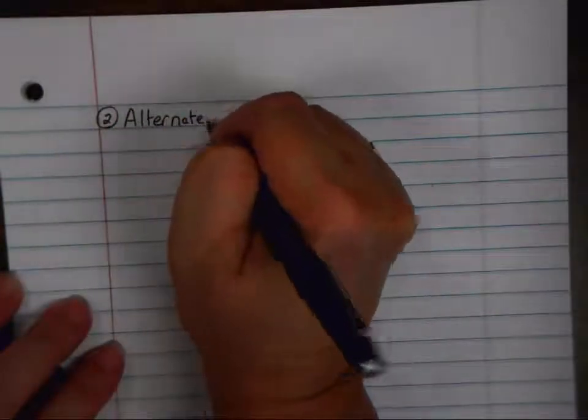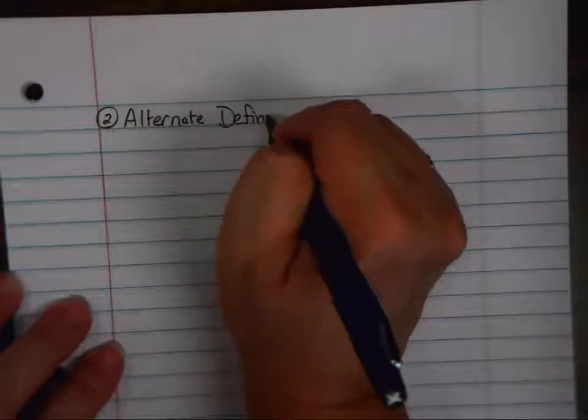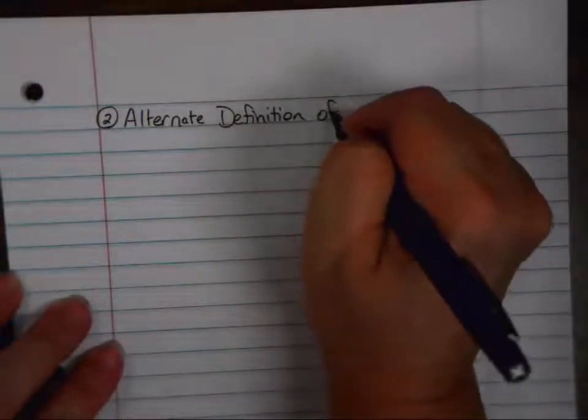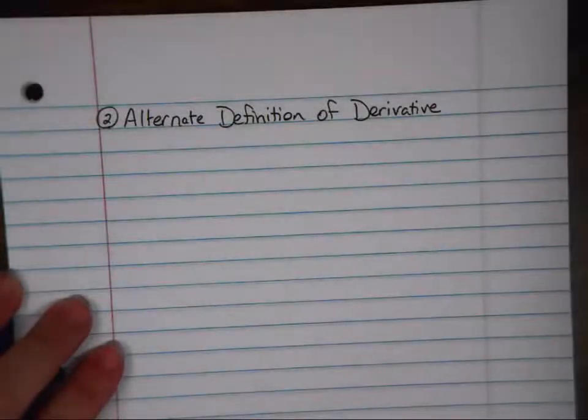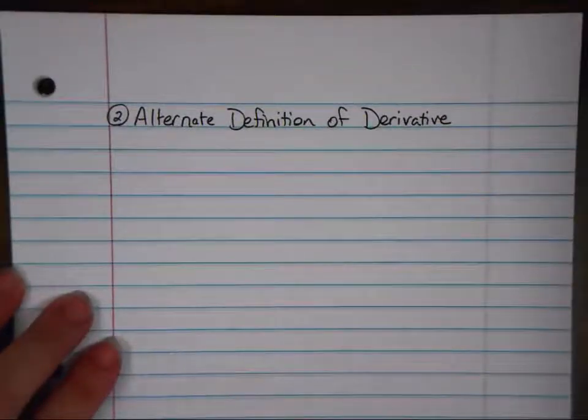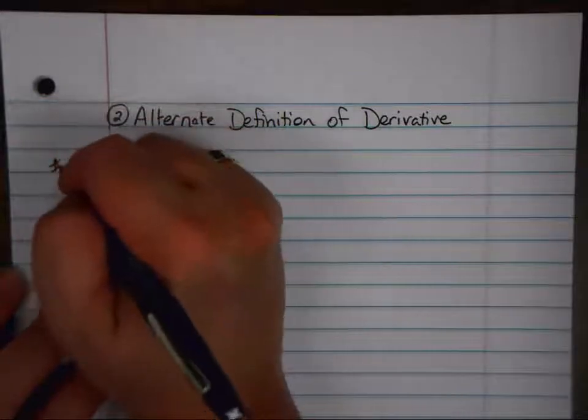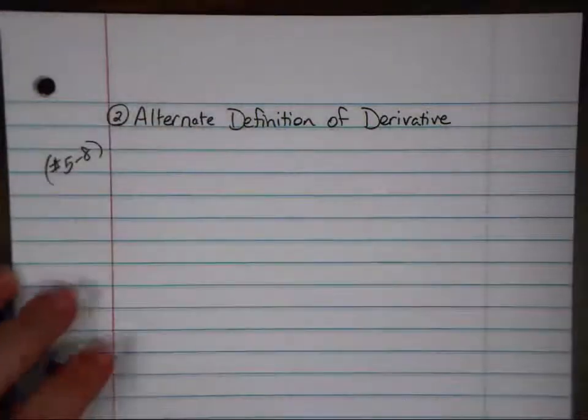Okay, the next two are a little bit easier because they come out to be numbers instead of equations. So number 2 is the alternate definition of a derivative. And out in the margin, please write numbers 5 through 8. That's which problems this goes with.